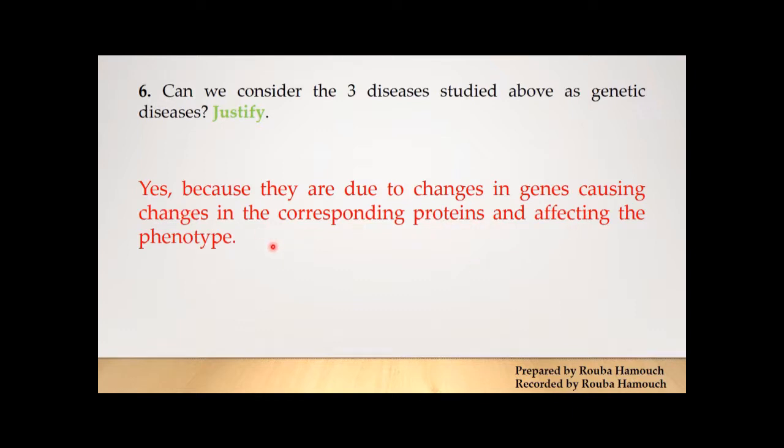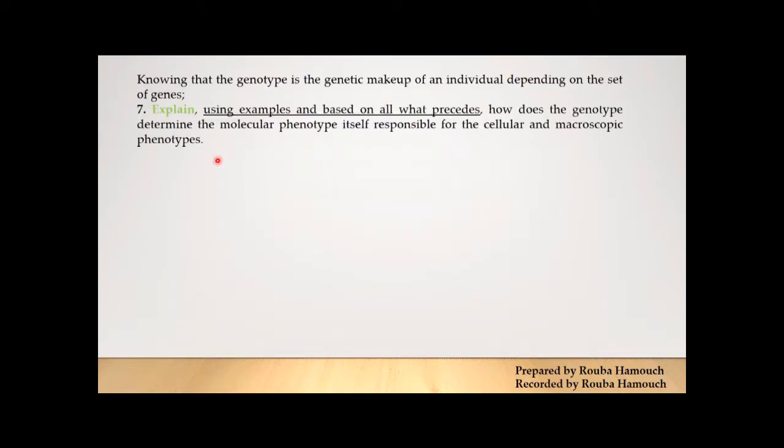And finally, the final question is, knowing that the genotype is the genetic makeup of an individual depending on the set of genes, as we saw, the genotype deals with genetic codes, with gene codes, with protein synthesis, whereas the phenotype deals with looks, with the set of characters that depend on the genotype.